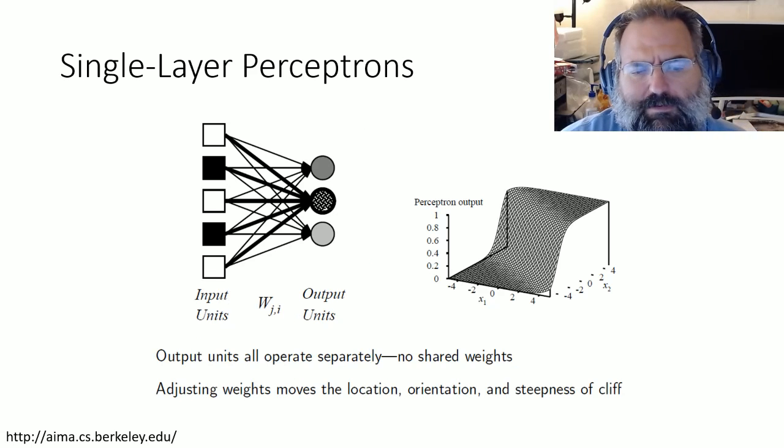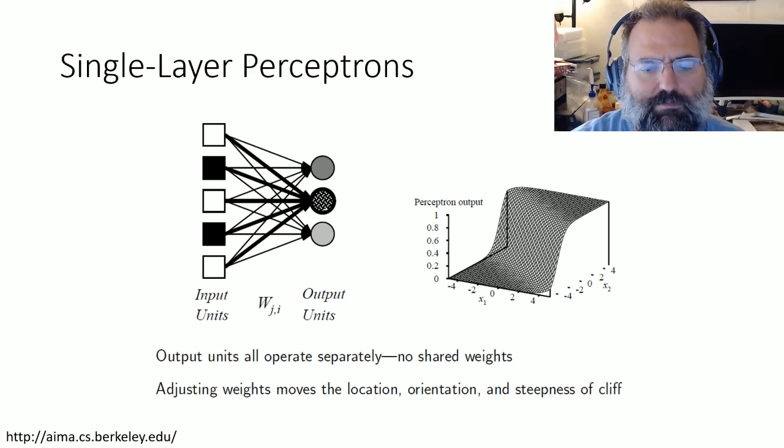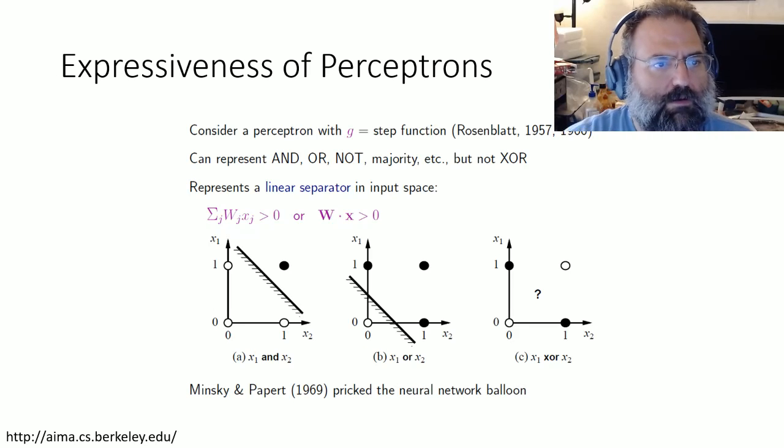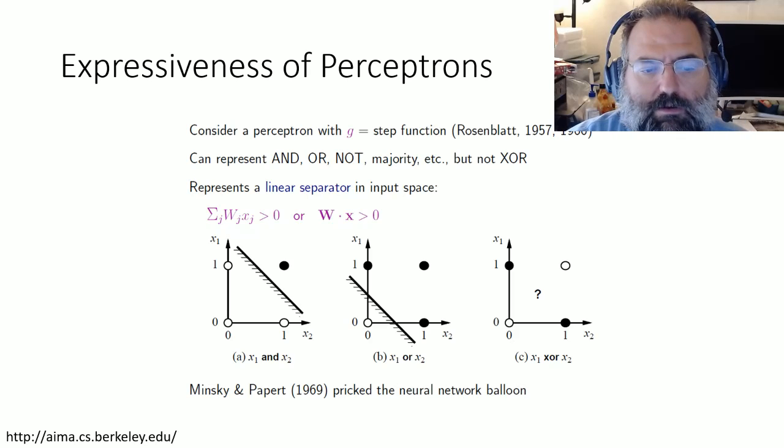And that kind of takes us to the granddaddy of them all, which was the perceptron. And a single layer perceptron, basically there's no shared weights, and you essentially are moving things around and adjusting the steepness of that cliff as you're doing so. The perceptron was really good, except for it didn't do well with XOR.